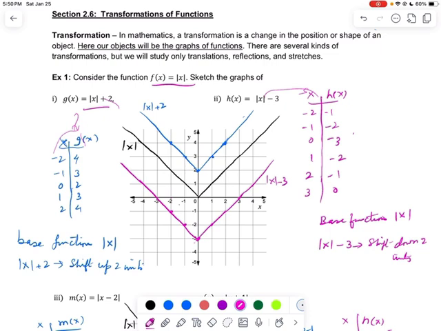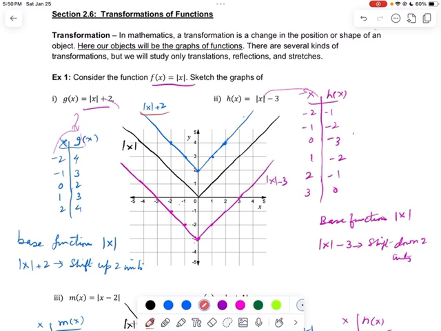But what we notice after graphing them is that the absolute value of x plus 2 is just a shift of the absolute value of x graph up 2 units.